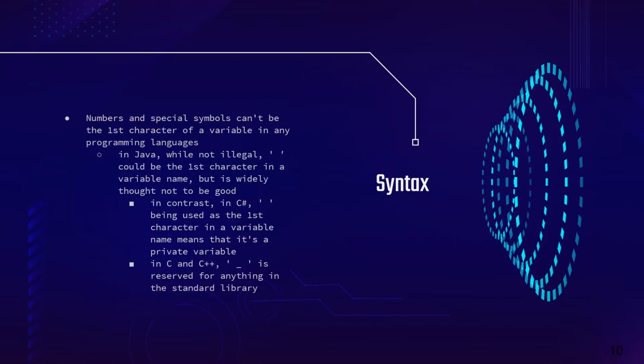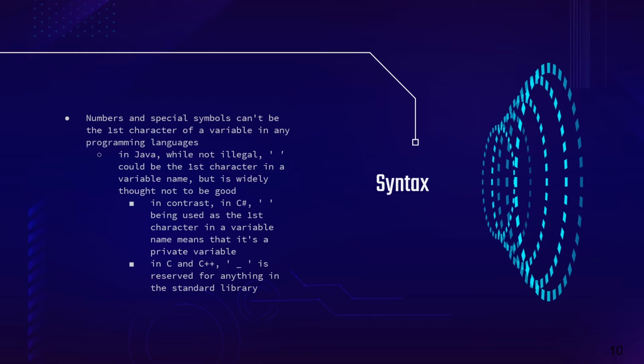Syntax. This is where, if there is a mistake, you have to fix it. So, numbers and special symbols can't be the first character of a variable in any programming language. And that being said, although it's not really going to be what we're doing in this particular introduction, in Java, while not technically illegal, spaces could be the first character in a variable name, but it's not a smart idea.